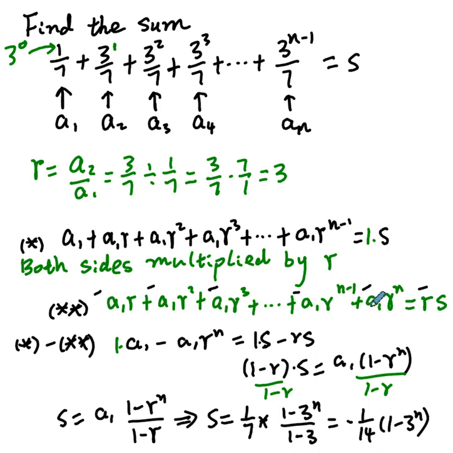So left-hand side, we have a first term A1 left, and the last term A1 R to the nth power left. Of course, here is subtraction. All the terms in the middle are cancelled, except the first one on the top and the last one for the second time.